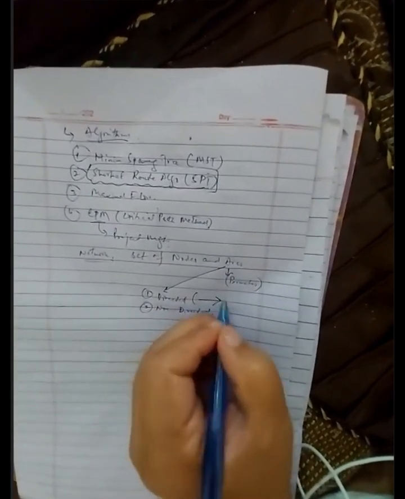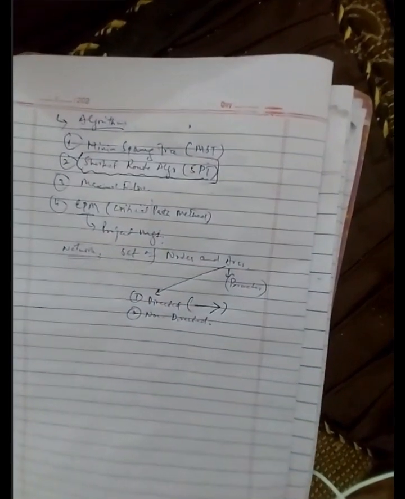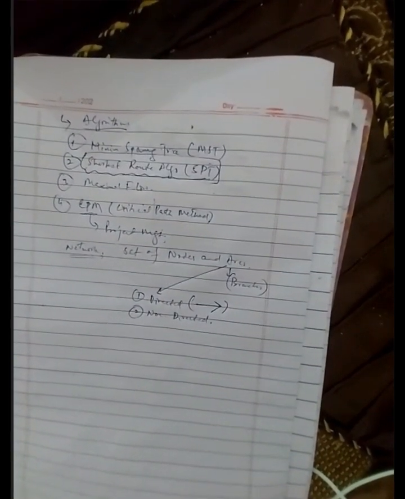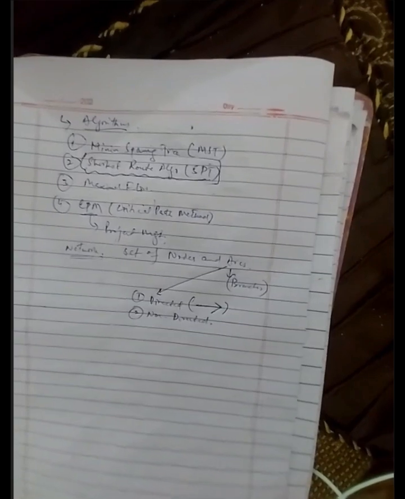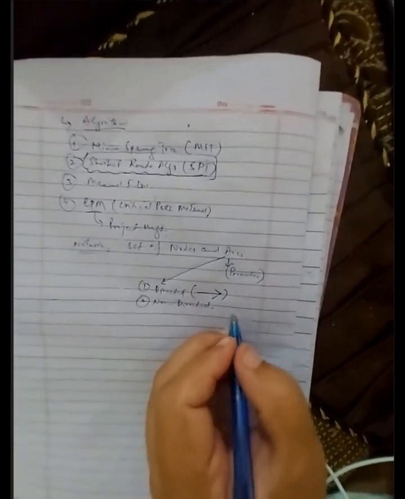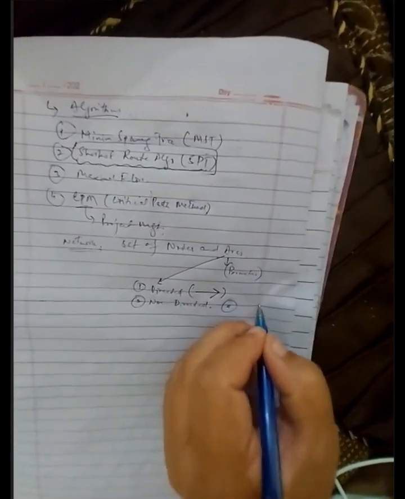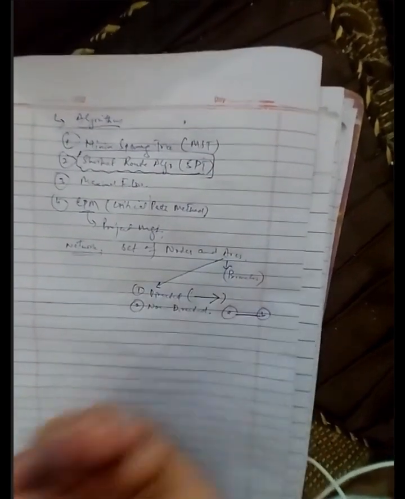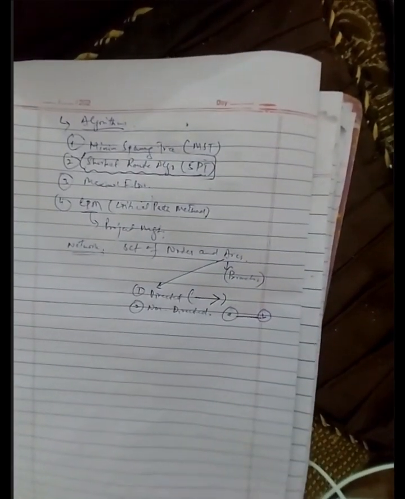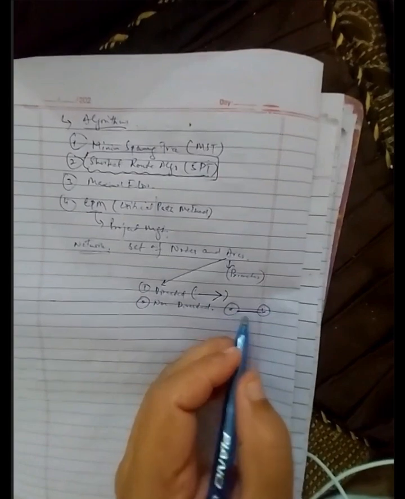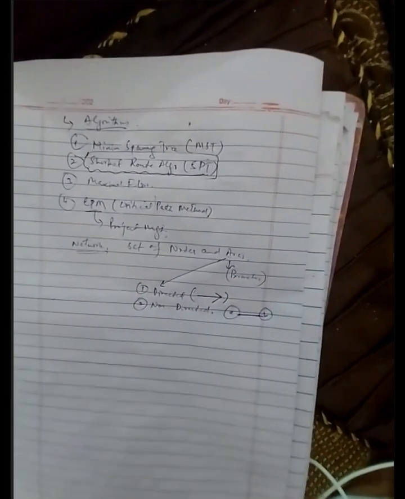Directed is when we have a specific direction, like pointing from point A to B. This is the directed one. Now, if we have points A and B with just a simple line between them, this is the non-directed. It means that it has two-way direction.